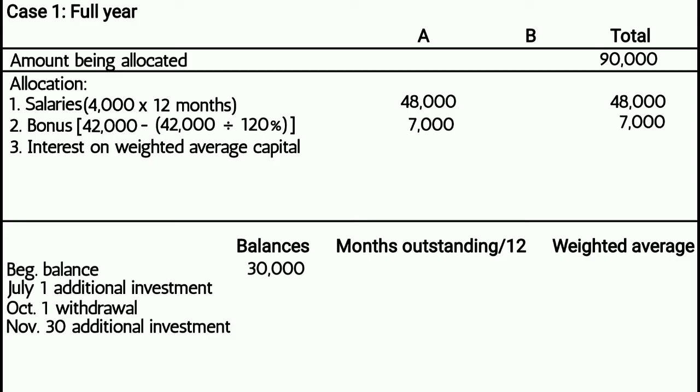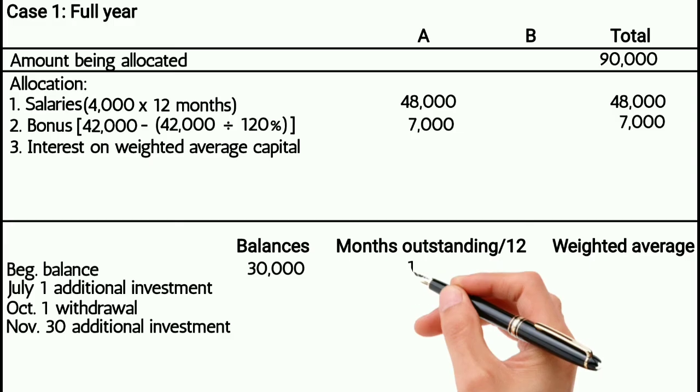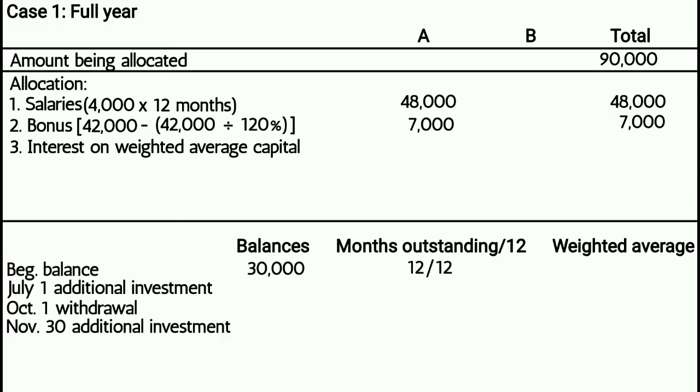Now, this 30,000 pesos shall be multiplied by 12 over 12. Bakit 12 over 12? Kasi ang months outstanding from January 1 to December 31 ay 12.